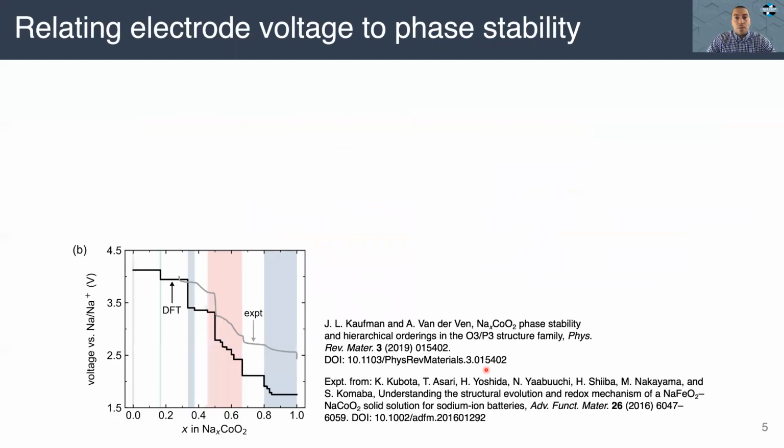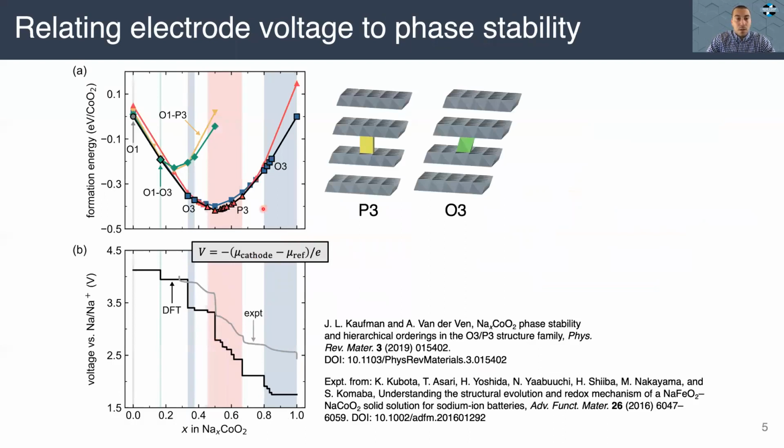So what we do in our group is try to predict phase stability and phase transitions computationally. So here I'm showing the same experimental voltage curve for sodium cobalt oxide from the previous slide, compared to a voltage curve I calculated using density functional theory. And I obtained this by calculating the energies of different competing phases, shown here.